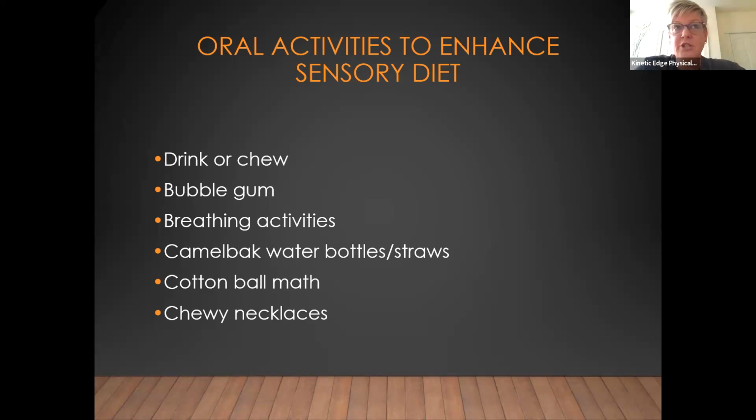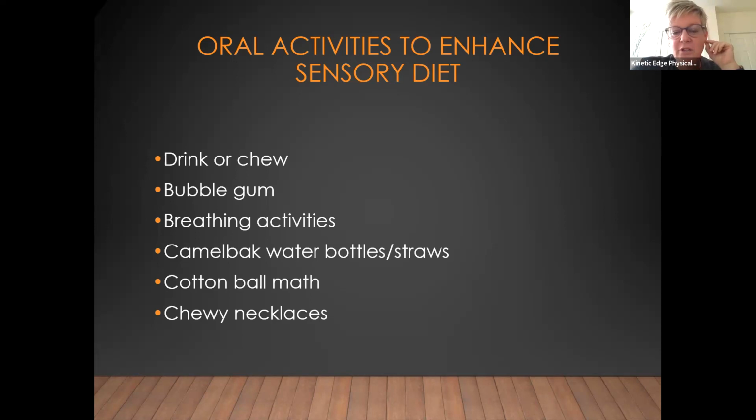If you have times in your day that they're allowed to chew gum, that would be good. I listed cotton ball math or different learning activities where straws and blowing can be used, because you'll remember at the top left corner of that sensory motor planning worksheet I showed you, blowing is a calming activity.